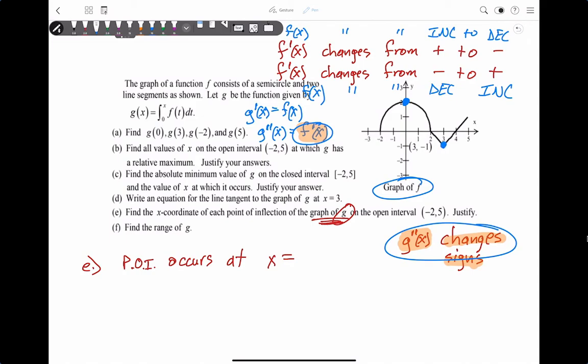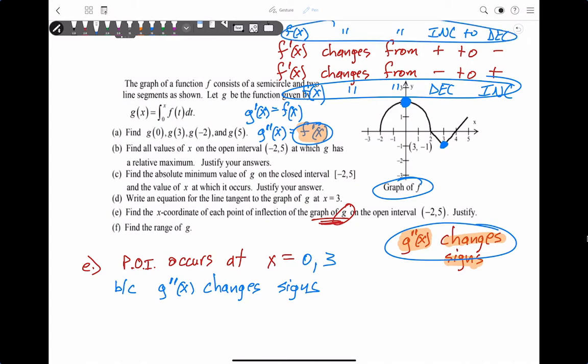So our points of inflection are going to occur at x equal to 0, that's for this first one, and x equal to 3. And you're going to say because g double prime changes signs, or what we ultimately went to, f of x changes, not from positive or negative, but from increasing to decreasing or vice versa, decreasing to increasing.